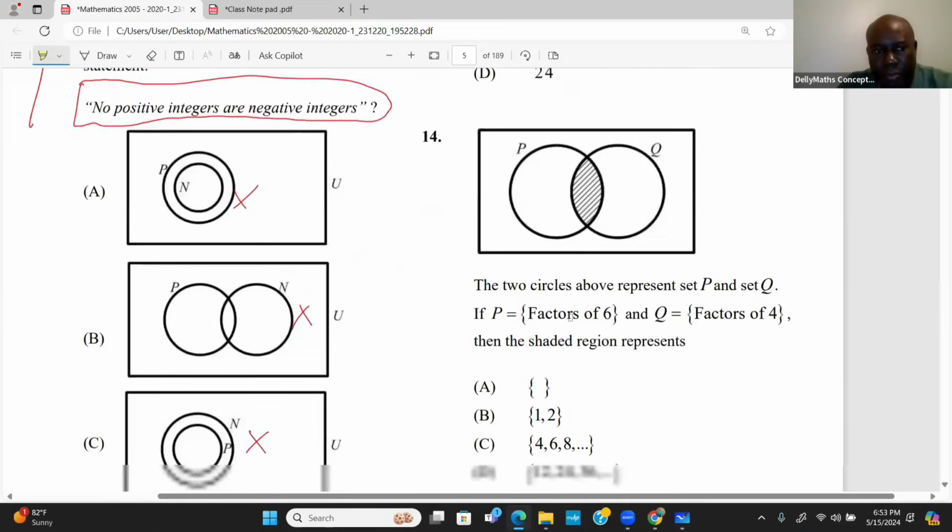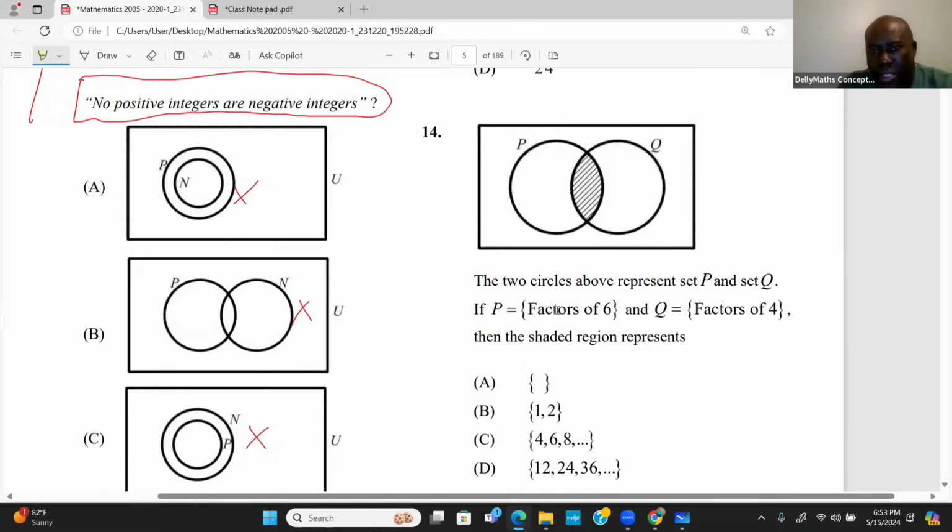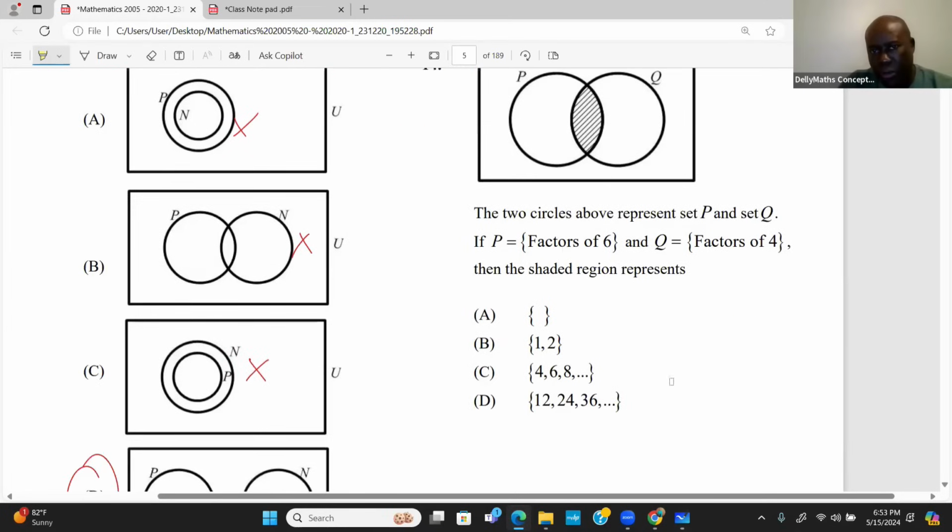Let's keep rolling. This one now, it says 2 sets, 2 circles above represent set P and Q. If P is factors of 6, Q is factors of 4, then the shaded region is what? So what I normally do is, you can list what they give. Factors of 6 would be 1, 2, 3, 6. So these are the numbers that can go into 6.